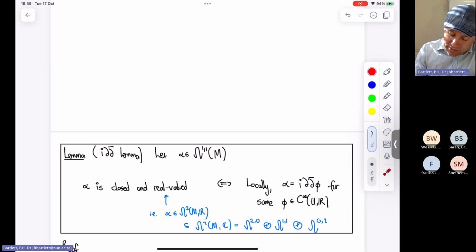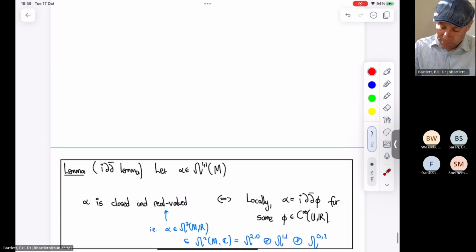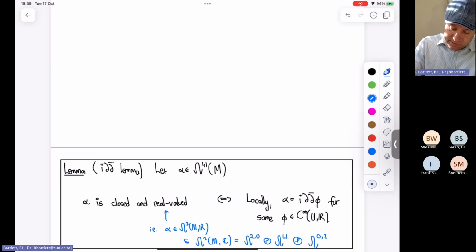It's going to be i times del del bar phi. So just to be clear, I've got my smooth functions locally on an open set U, and these are real valued functions.